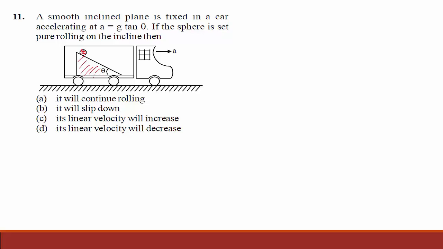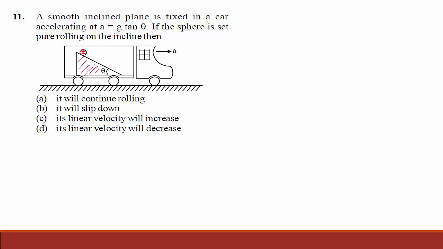First option, it will continue rolling. Second, it will slip down. Third, its linear velocity will increase. Fourth, its linear velocity will decrease. The question is whether the sphere will continue to roll, slip down, or whether its velocity increases or decreases.